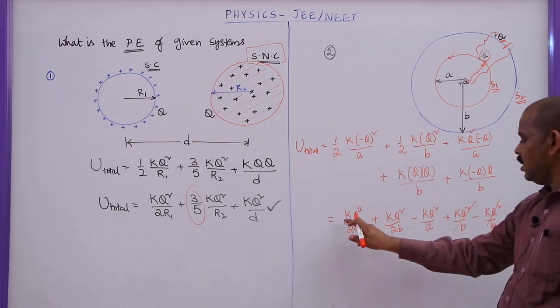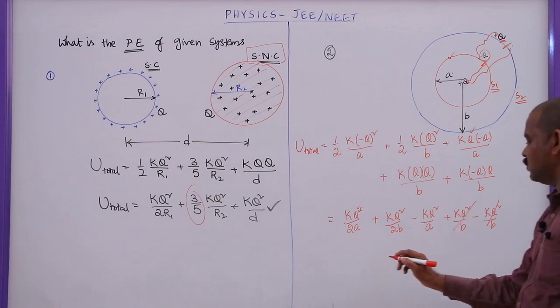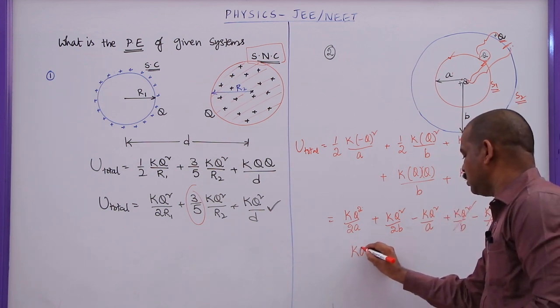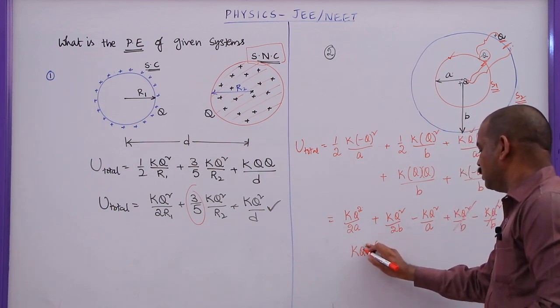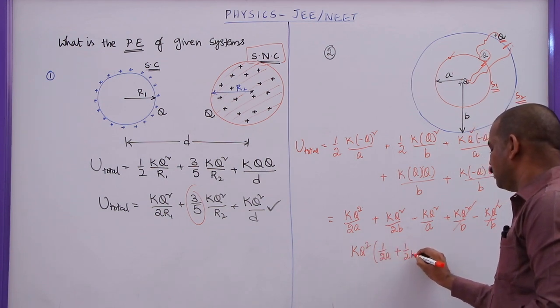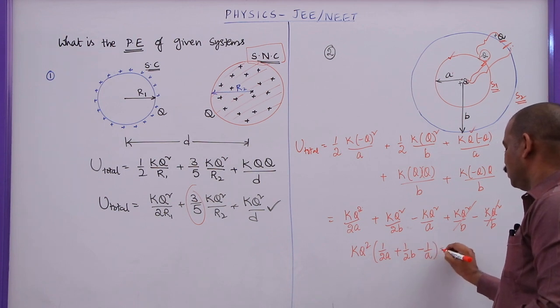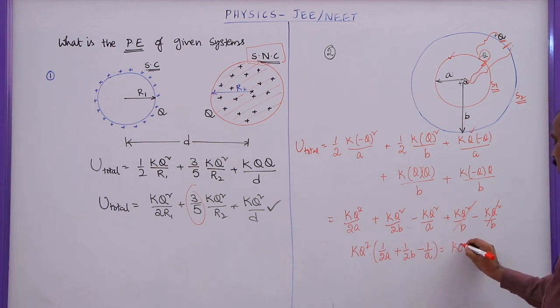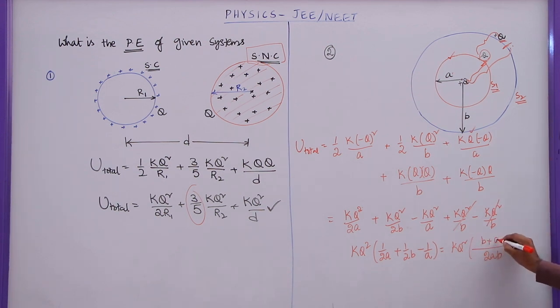So what are the remaining terms? kq² is common, so let me take kq² common. The remaining terms are 1 by 2a plus 1 by 2b minus 1 by a. So this will be kq². If you take 2ab as the LCM, this will be b plus a minus 2a, which is given by b minus a.